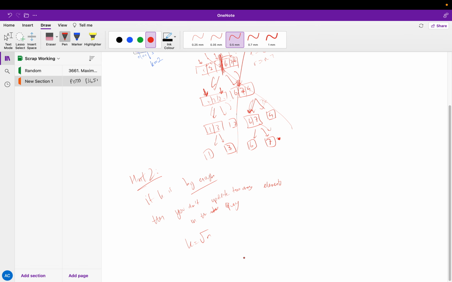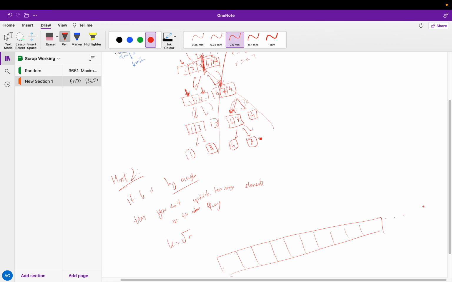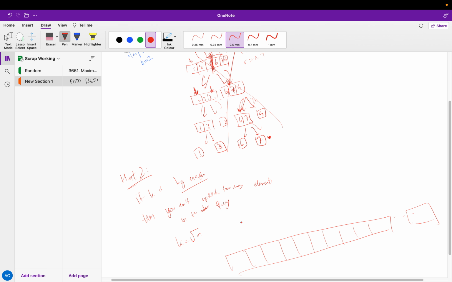Then you have an array of size n. If you start at index 0 and you have to increment by square root of n, how many jumps do you have to do to get to the end of the array? Let's say L is equal to 0, R is equal to n minus 1.